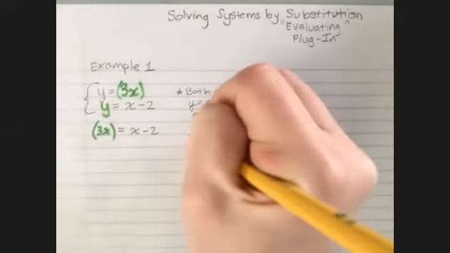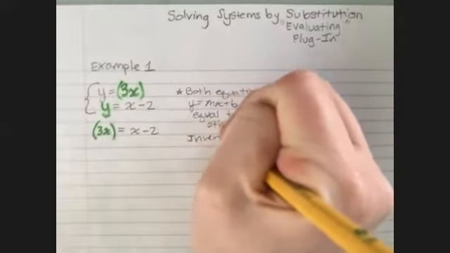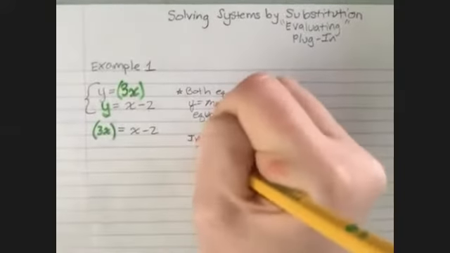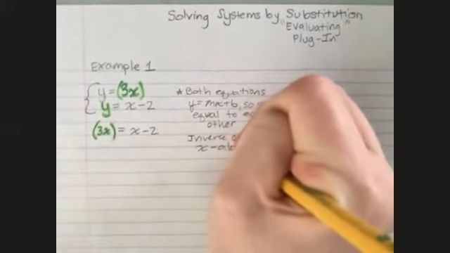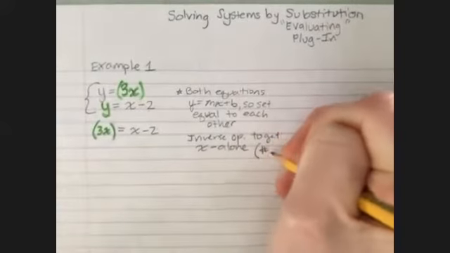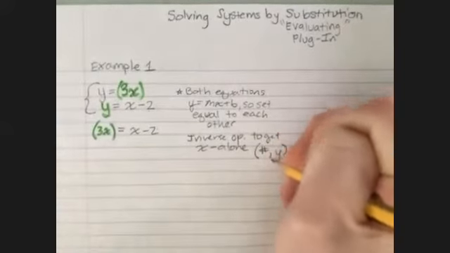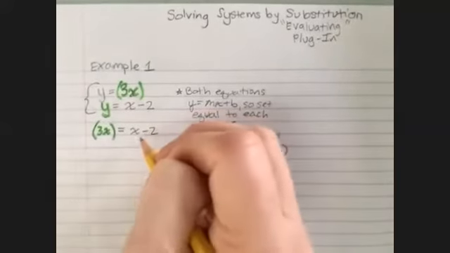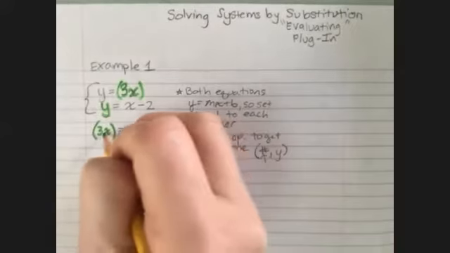At this point, you're going to use inverse operations to get x alone. You're going to isolate the variable, which is going to give you the value for x. So if you have x on this side, we want to move x's over here.